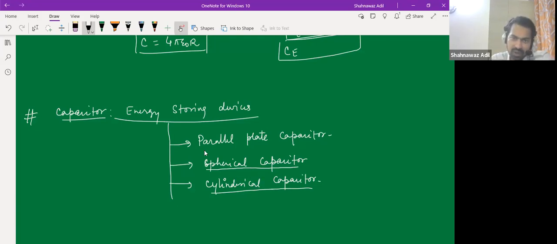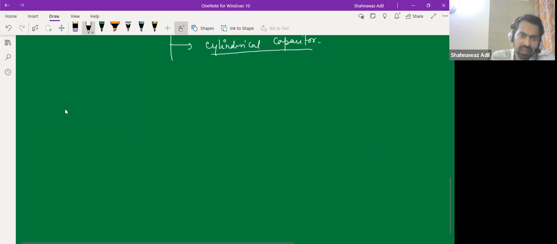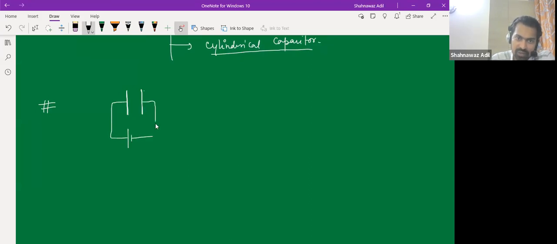Let us first talk about the parallel plate capacitor. For the parallel plate capacitor, we can draw it like this. We have these two parallel plates, and we can join them to the positive and the negative terminals of the battery.